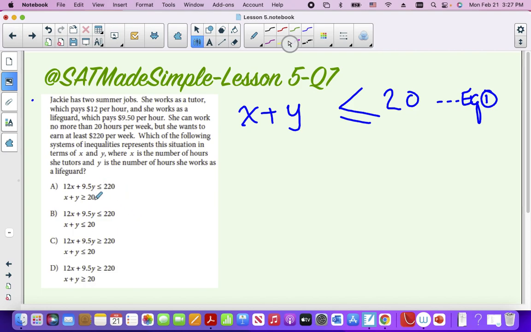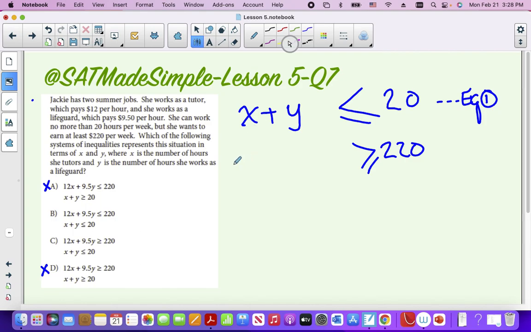If I look at the choices right away, it cannot be A and it cannot be D. So now I'm between B and C. I need to establish the second inequality. She wants to earn at least 220, at least meaning greater than or equal to. If she works 1 hour tutoring, she gets paid $12, 2 hours, 24.